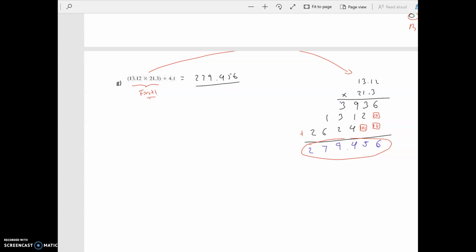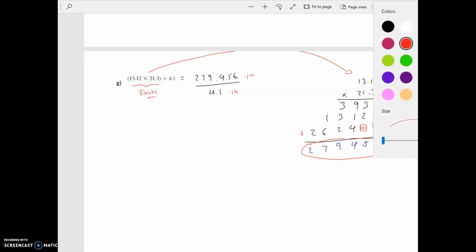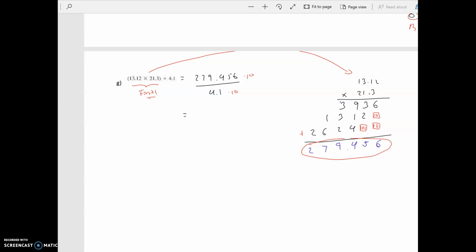So this expression is actually equivalent to 279.456 divided by 4.1. And then now we have one of the problems that we just completed. So multiply by 10, multiply by 10. This is because in order to carry out the long division, it's easier to start off with an actual integer at the bottom. So we're looking at 279.456 divided by the value of 41.